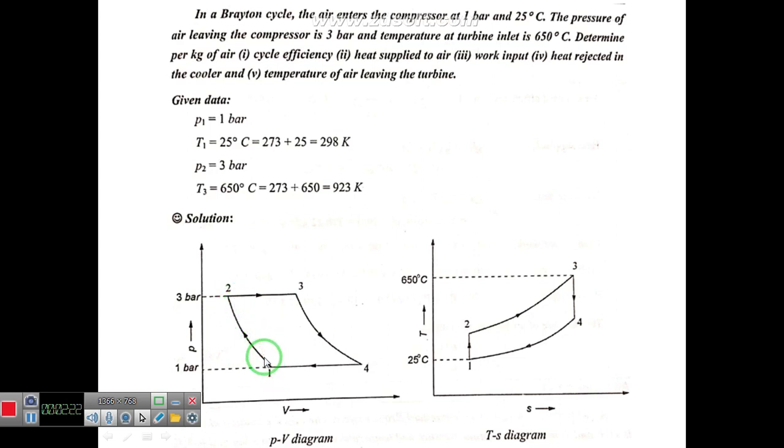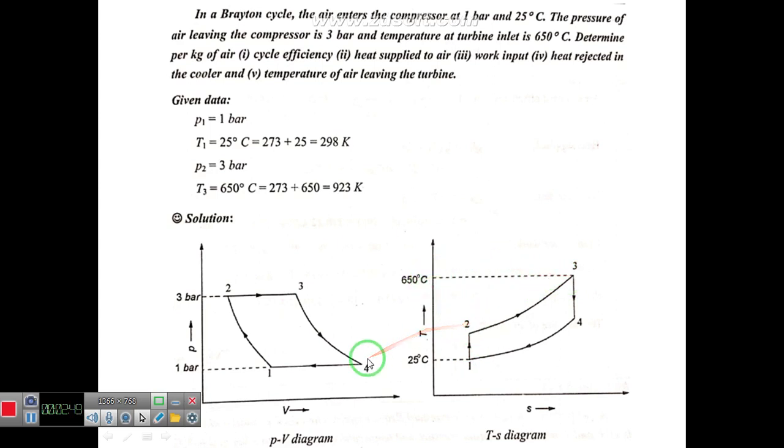Gradually the pressure will be increased, from 1 bar to 3 bar. Pressure and temperature are directly proportional, so in the 1 to 2 process the temperature also increases. T1 is 25 degrees Celsius, and here the T3 temperature is 650 degrees Celsius.